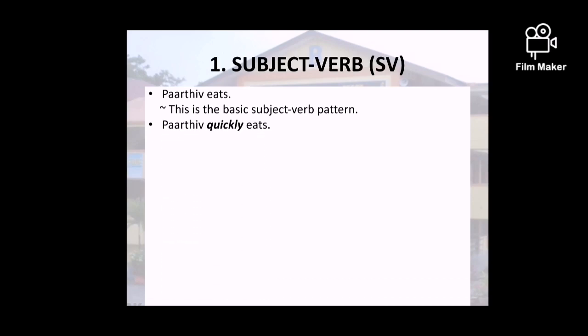If we want to add more to this sentence, we may add an adverb, to tell how this person eats. Just like the example given, the word quickly is added in this sentence to describe how Partif eats.